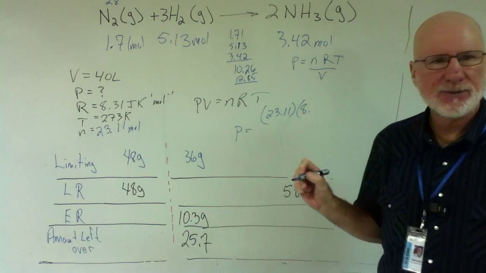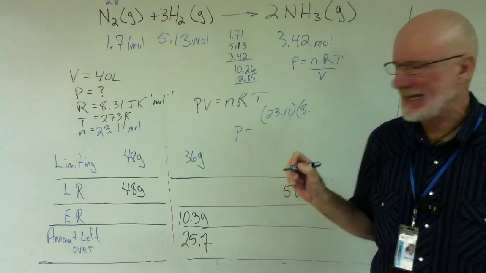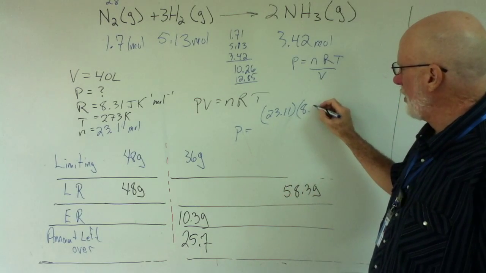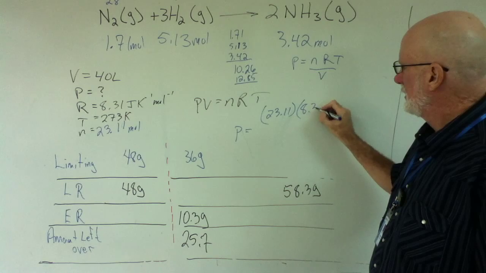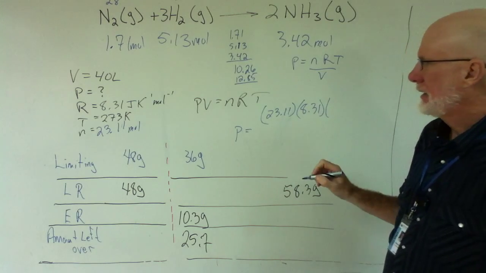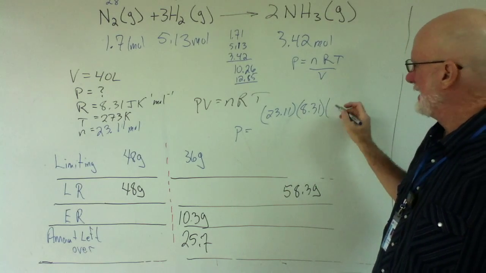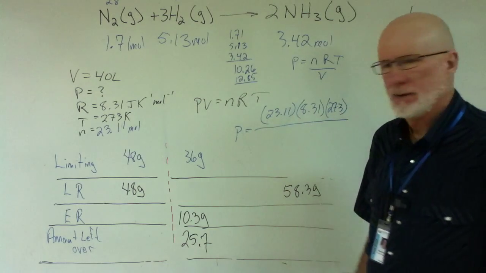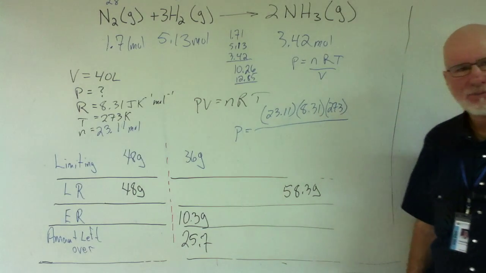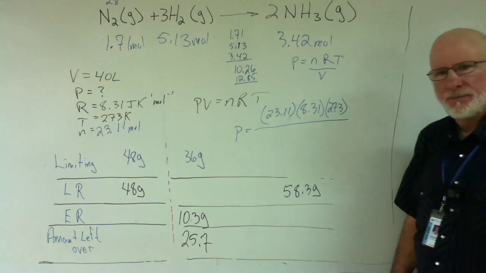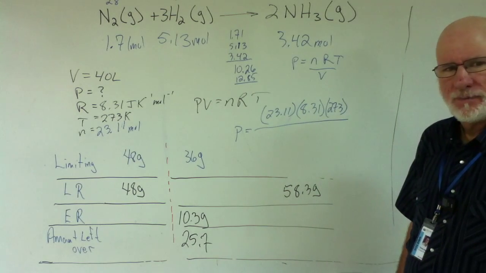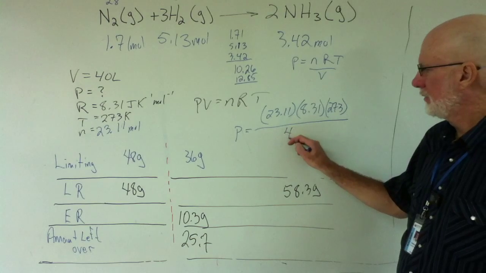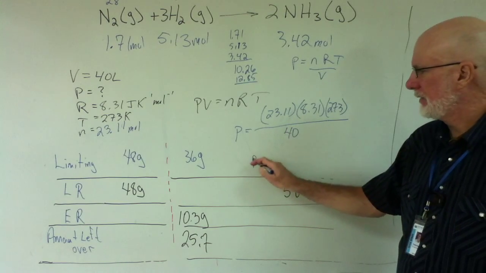I know many chemistry teachers are probably aghast that I said that. And then T is 273, and volume is 40. So what's P?